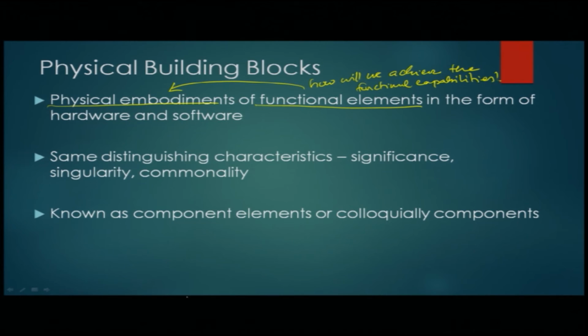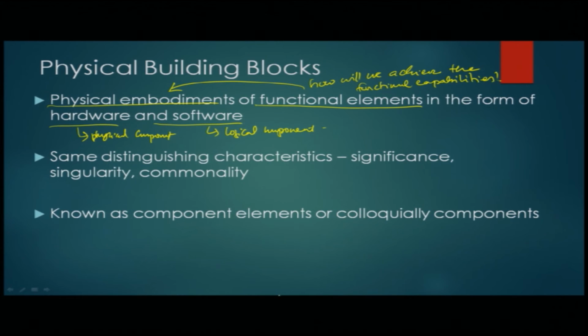This is where the physical embodiments of the functional elements come in, in the form of hardware and software. Hardware will be a physical component, and software we can think about as a logical component also.